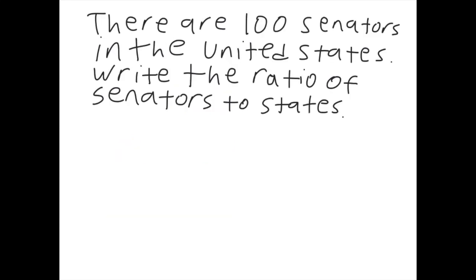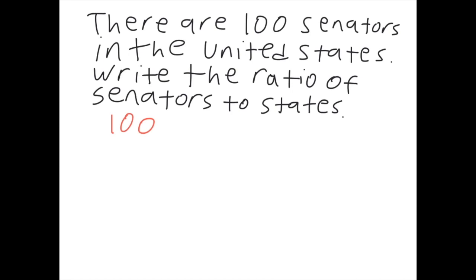All right, so now let's deal with a couple word problems. First, there are 100 senators in the United States. Write the ratios of senators to states. So we're told that there are 100 senators.